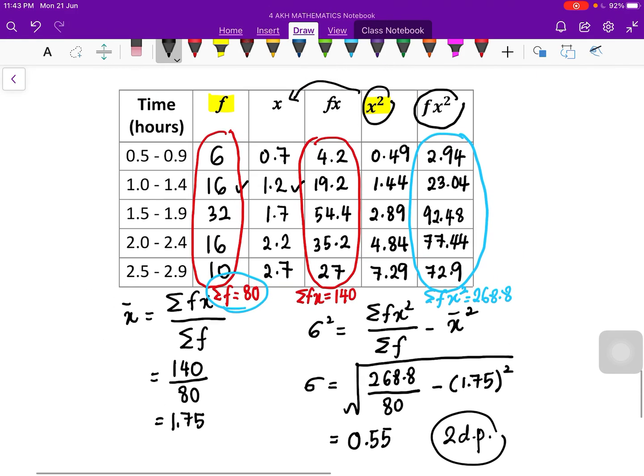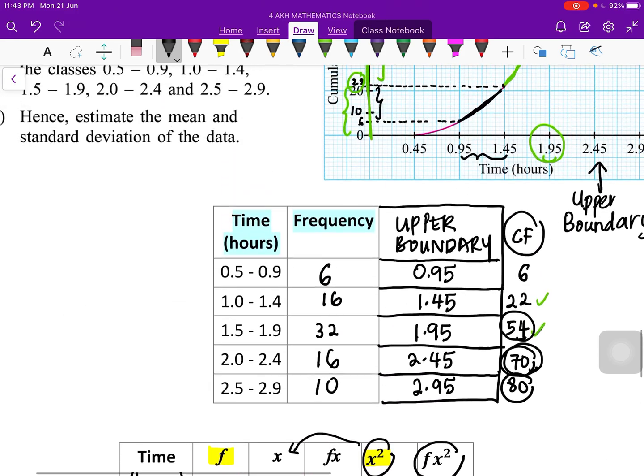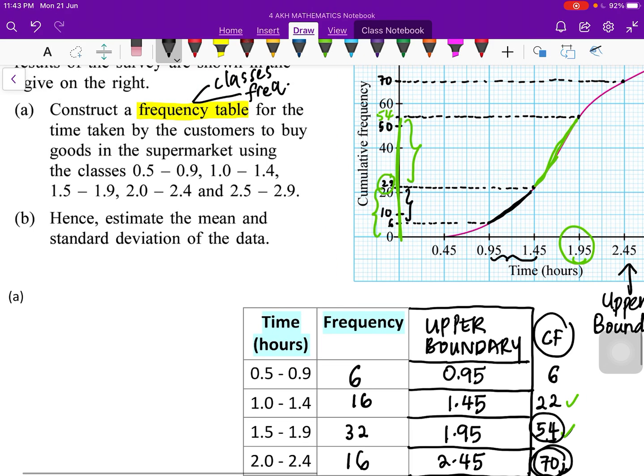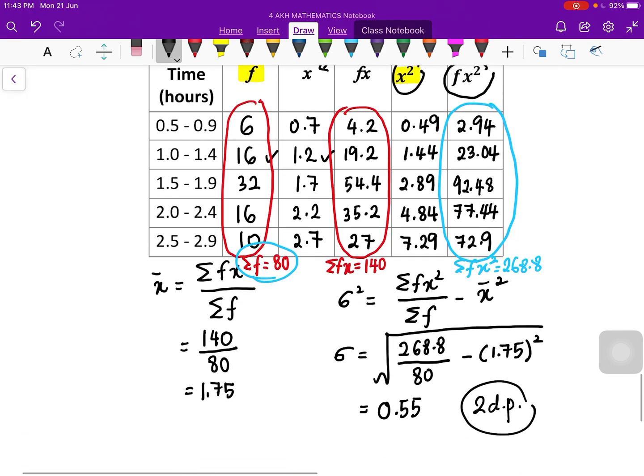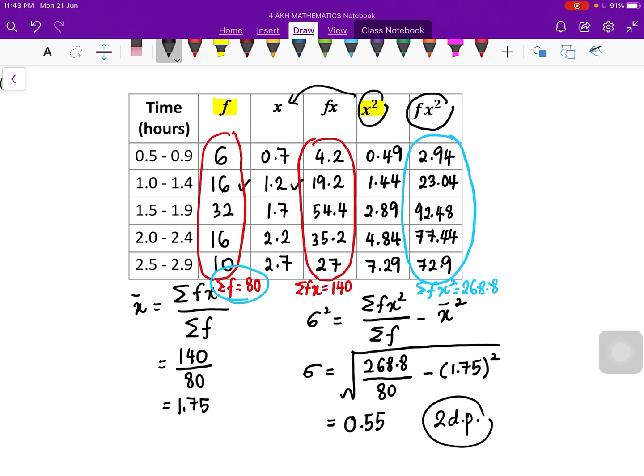Okay. So we have answered the second question, which is we have to estimate the mean and standard deviation of the data. So done. So dekat ini solving problems here, we are not involving any two set of data, just one set of data, but solving problem can be that you have to analyze two sets of data.